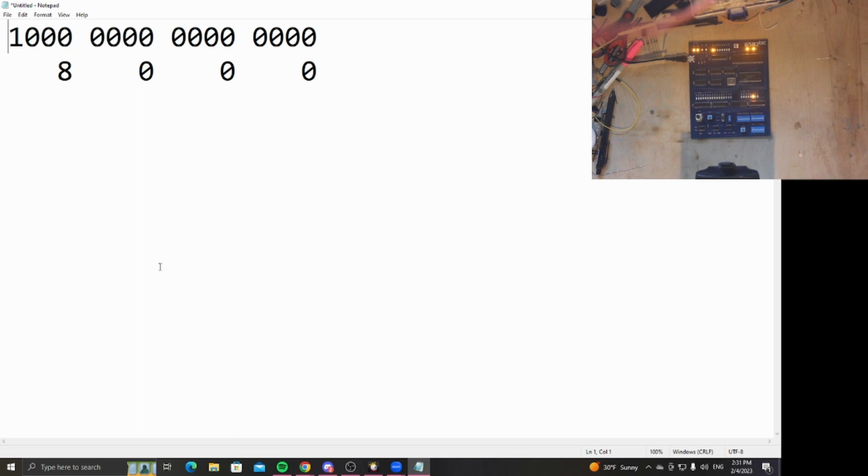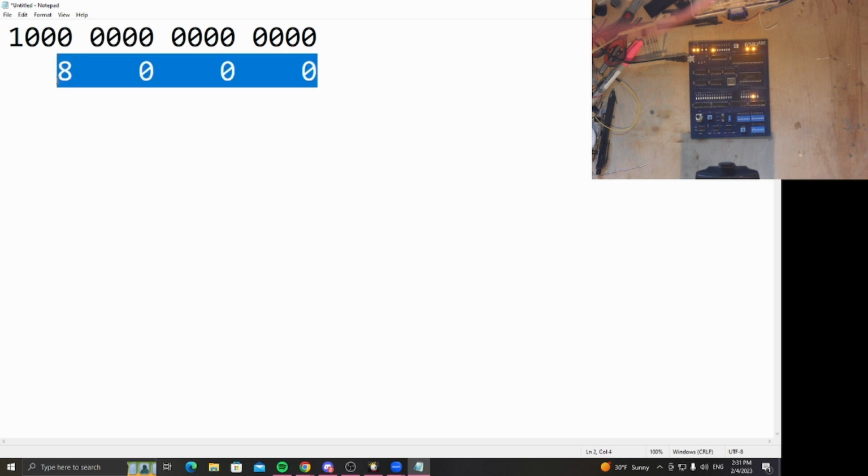So anyway, this is 8,000, right? Because as we said before, this correlates to hexadecimal 8, which is what that is, and these are all 0. So this is hex 8,000, which correlates to some decimal number that I have no idea what it is.